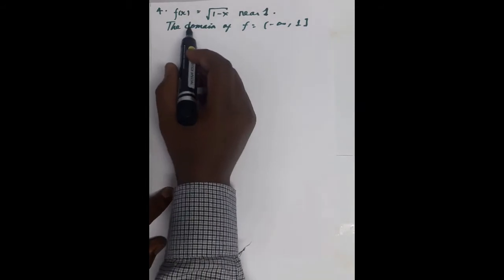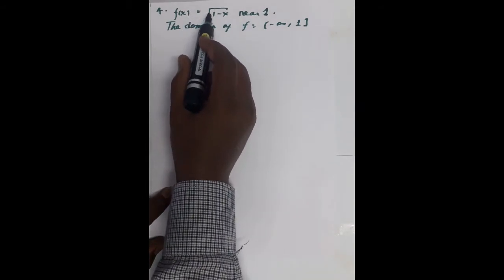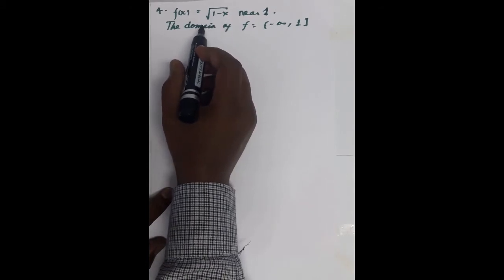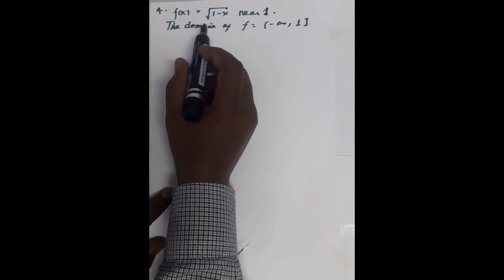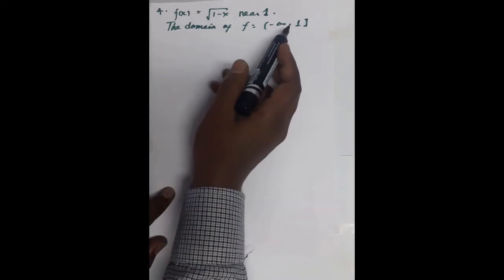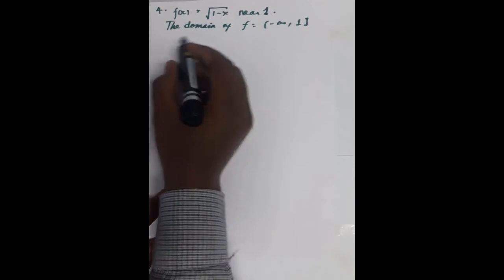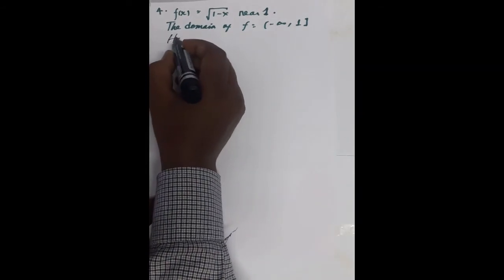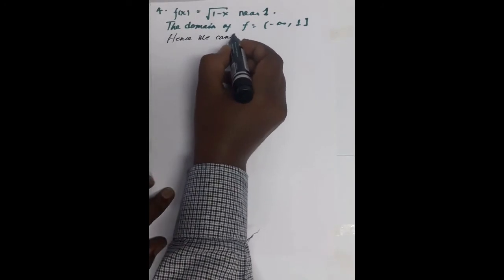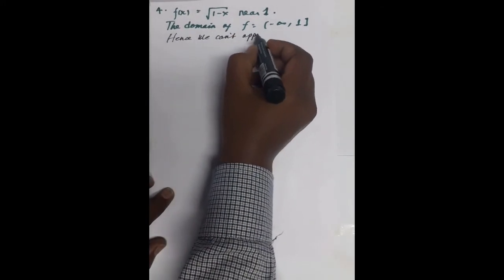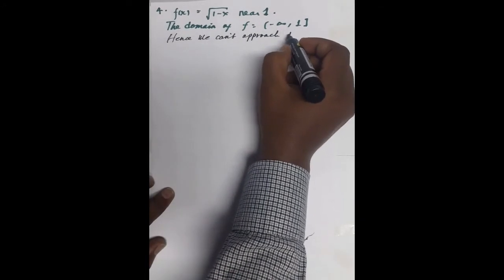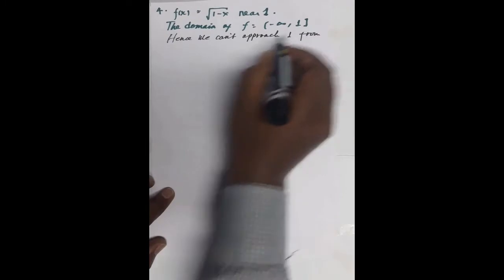Now let us consider this function f of x, which is equal to root of 1 minus x near 1. You can see that from the function, the domain of the function is negative infinity to 1. Hence, we can't approach 1 from the right side.